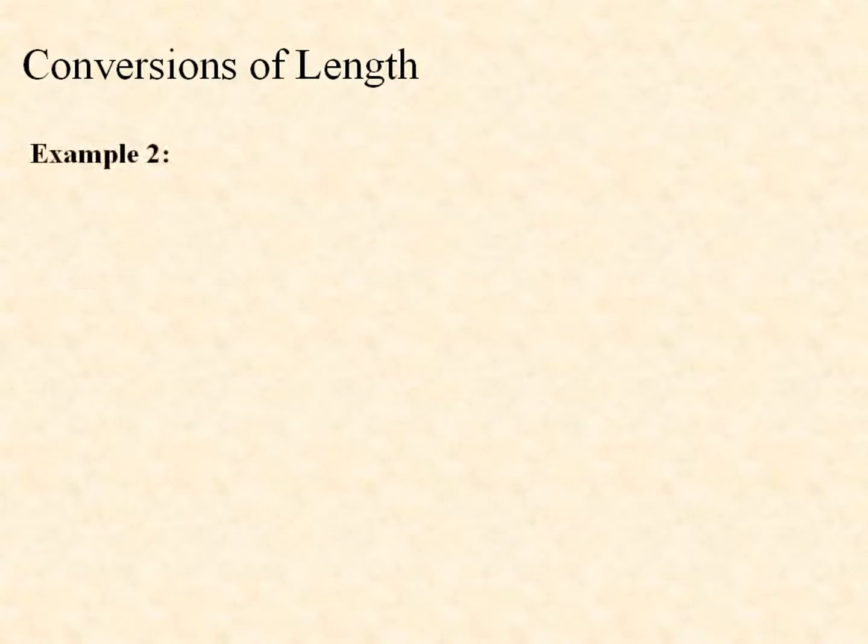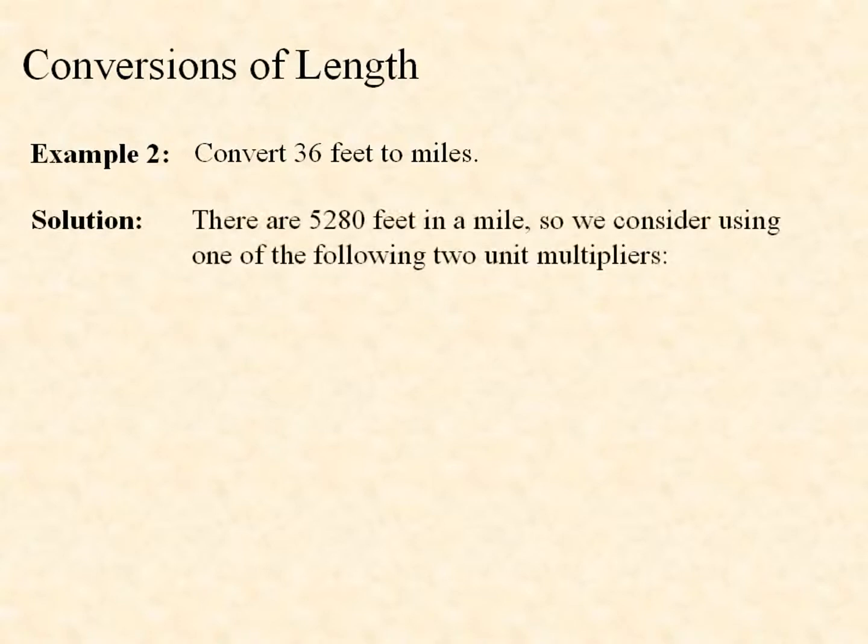Example 2. Convert 36 feet to miles. There are 5,280 feet in a mile, so we consider using one of the following two unit multipliers: 5280 feet over 1 mile, or 1 mile over 5280 feet.